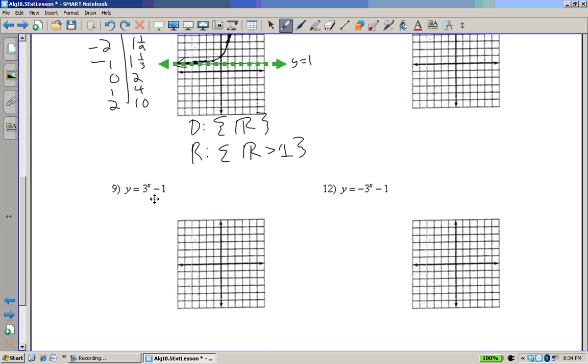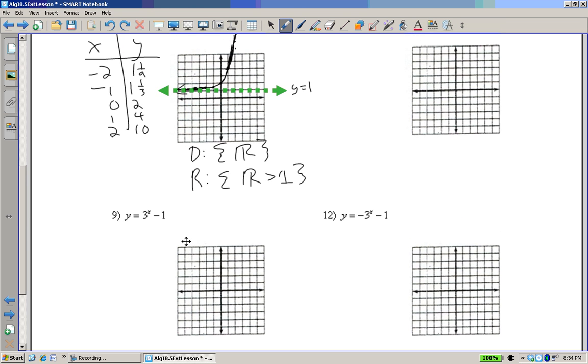And here, again, we're just going to subtract these values. Subtract 1 from all of these values. Same exact idea.